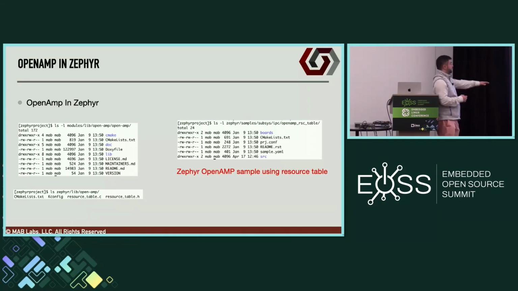Then we have the Zephyr implementation of OpenAMP, which is essentially this resource table, which we'll get into a little bit. And there's an example that I used as my starting point in Zephyr, under samples/subsys/ipc/openamp_resource_table. That was the starting point for this particular effort.